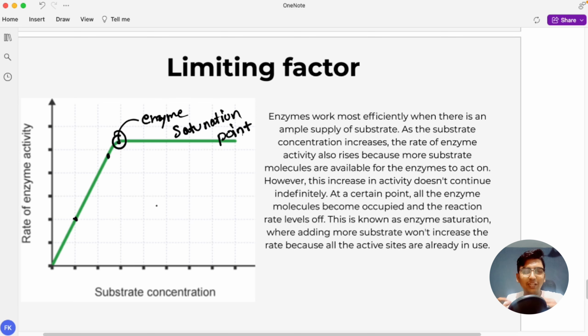All the enzyme active sites are filled up with substrate, so no new substrate could bind to them. So the reaction reaches a plateau, right? As all the enzyme active sites are occupied. This is known as the enzyme saturation point, where adding more substrate won't increase the rate because all the active sites are already in use. So we are done with today's lecture.